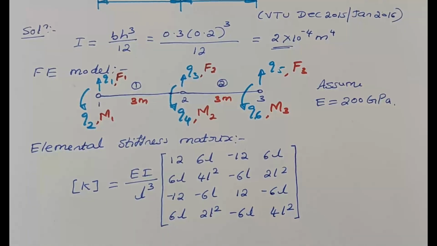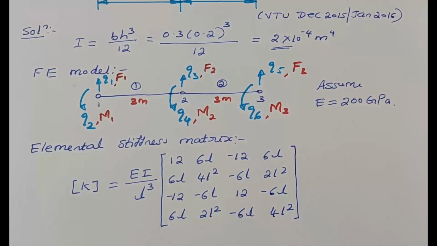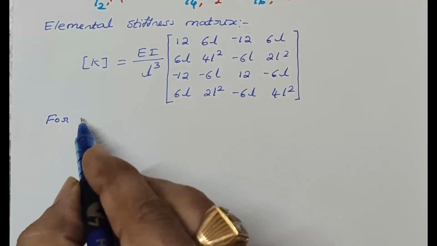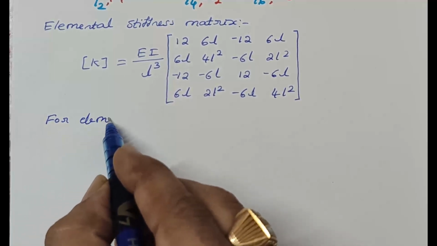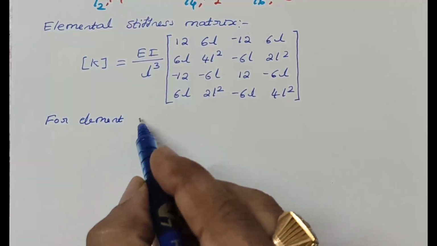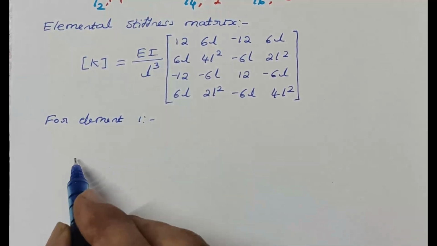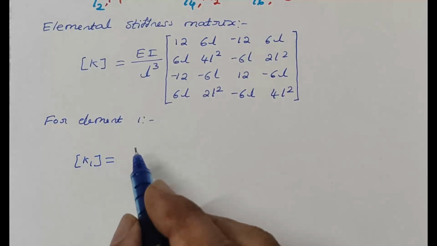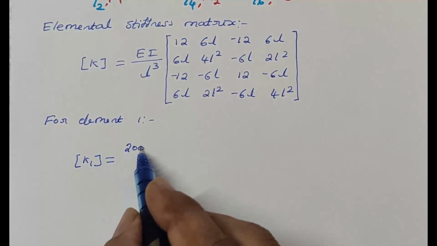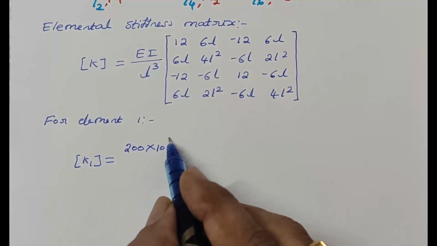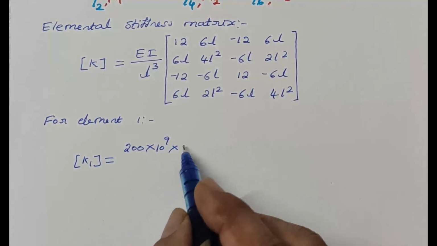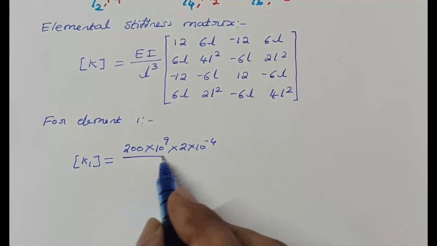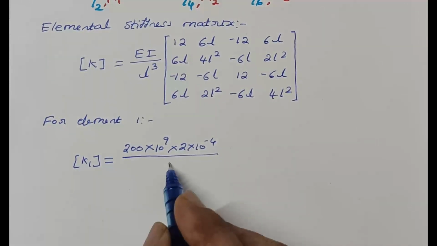Next we will calculate the elemental stiffness matrix for element 1. For element 1, K1 is E, we have assumed 200 into 10 power 9, into I, it is 2 into 10 power minus 4, divided by L cube, L is 3.